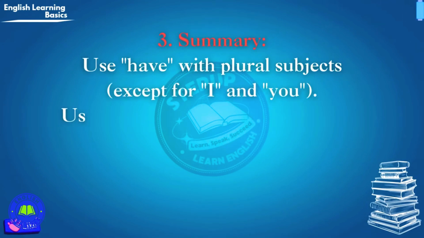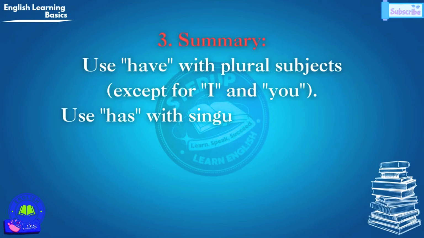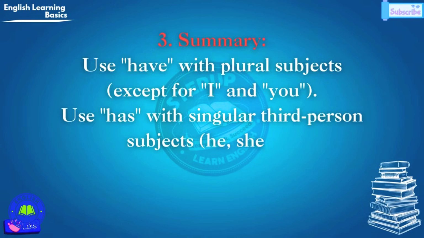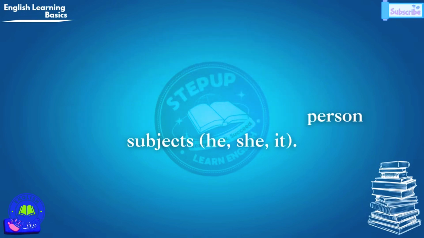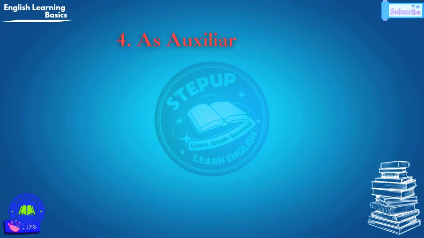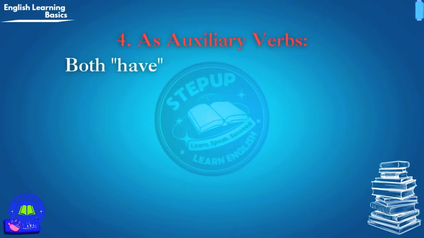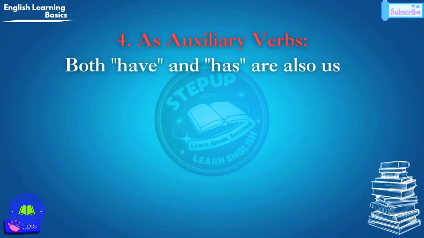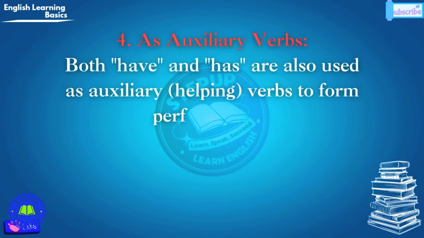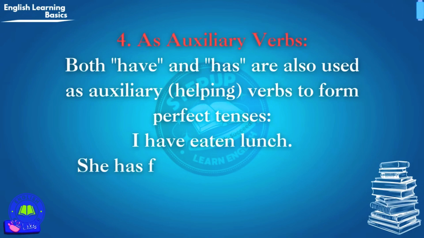Use has with singular third-person subjects: he, she, it. As auxiliary verbs, both have and has are also used as auxiliary, helping verbs to form perfect tenses. I have eaten lunch. She has finished her homework.